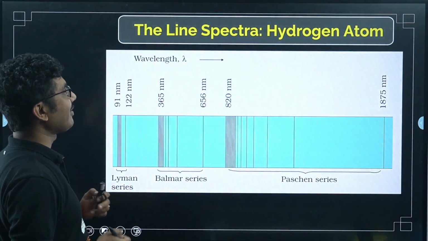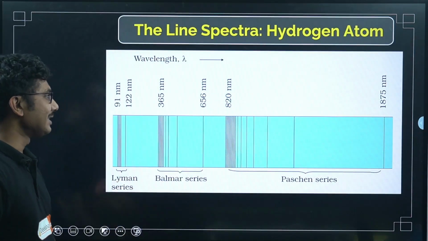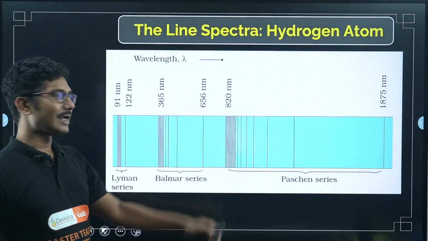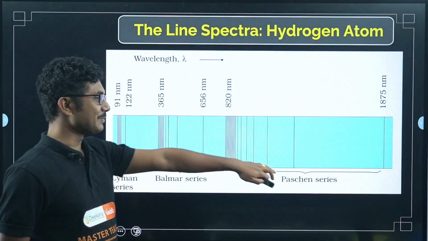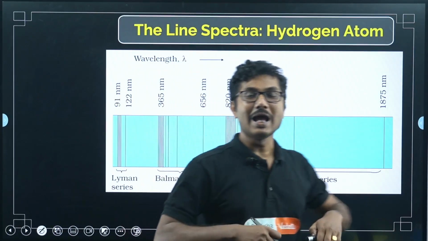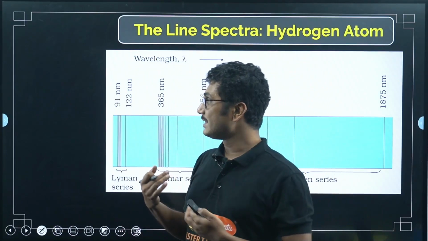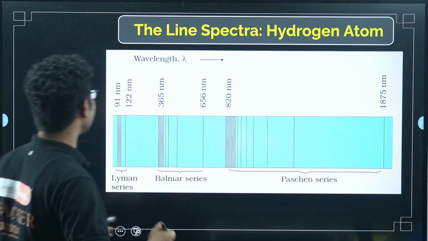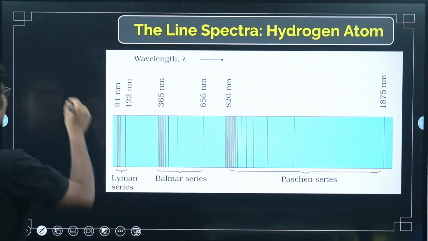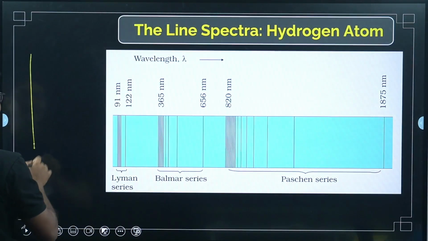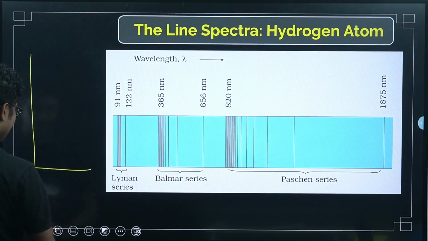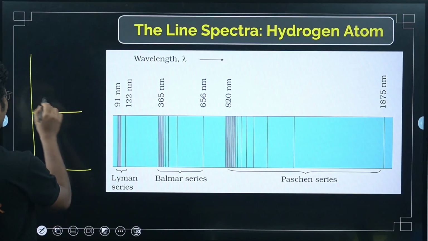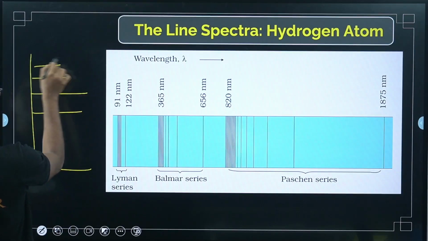Now, the line spectra of the hydrogen atom. I already discussed this in detail, just to give you the idea that there are a few series: Lyman series, Balmer series, Paschen series. Why these are occurring, I have not explained. Now I can explain why it is happening. So we have seen that energy level diagram, right? There was one ground level, which has minus 13.6, then there was level 2, level 3 and so on.